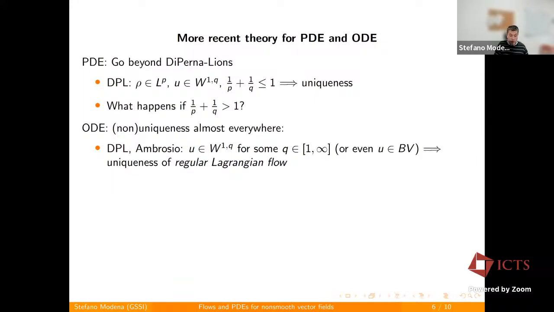I remind you that regular Lagrangian flow means a selection of characteristics which makes sense.